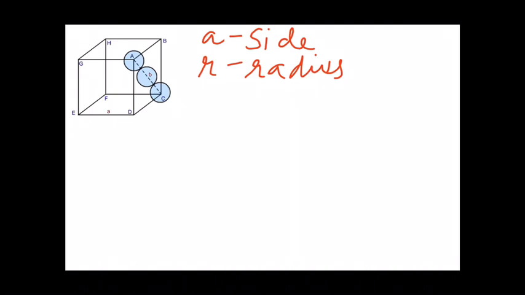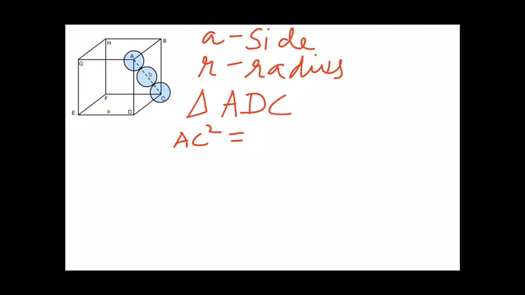Now consider the triangle ADC. AC is the face diagonal and we have a right triangle ADC. Since it is a right triangle, we may apply the Pythagoras theorem here. So the hypotenuse square, that is AC square, is equal to the sum of the squares of the sides AD and DC.